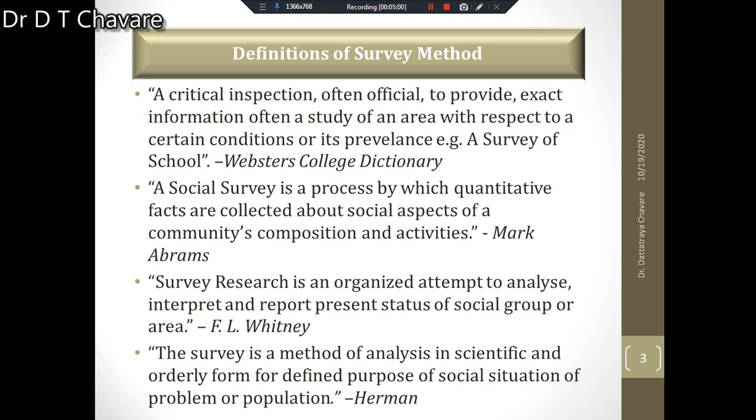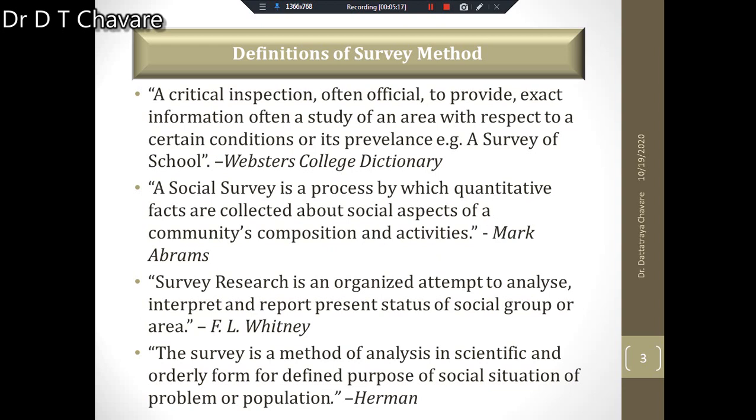That's why I am going to discuss such definitions also, and with the help of those definitions you can understand the exact concept of survey and survey method. The first definition is given by Webster's College Dictionary.